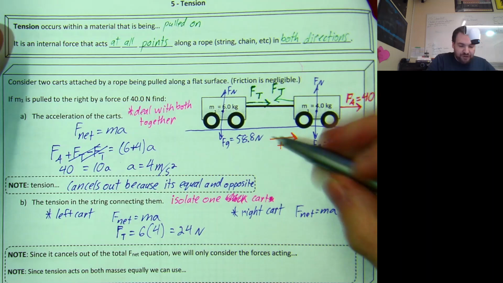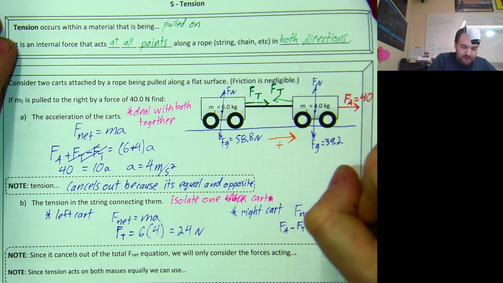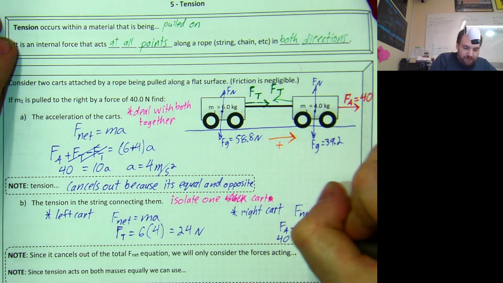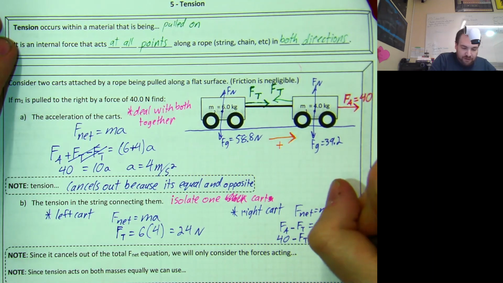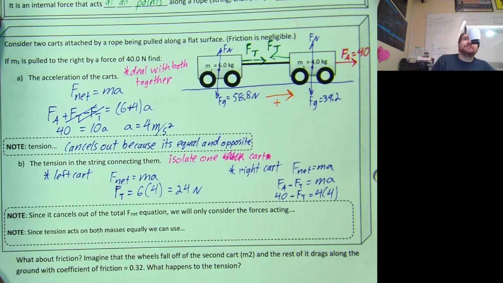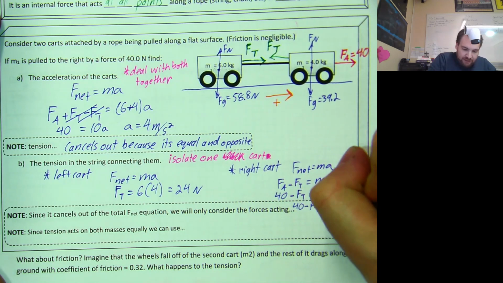Fa. So for this one, it's going to be Fa minus Ft equals ma. Fa was 40 minus Ft equals 4 times 4. Sorry, I'm running out of space here. So I get 40 minus Ft equals 16.